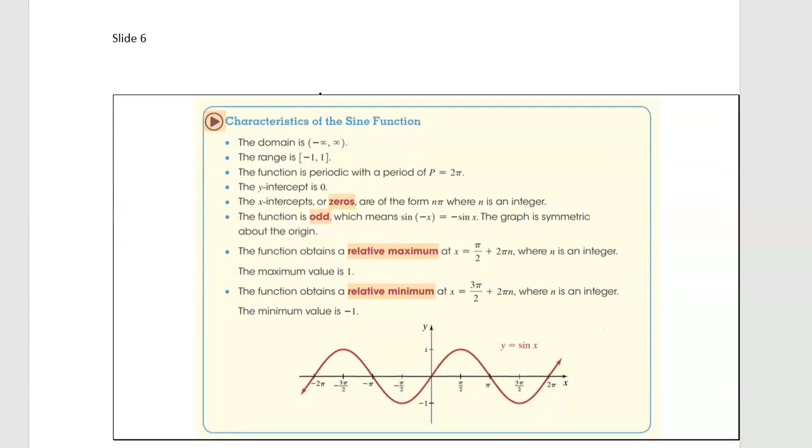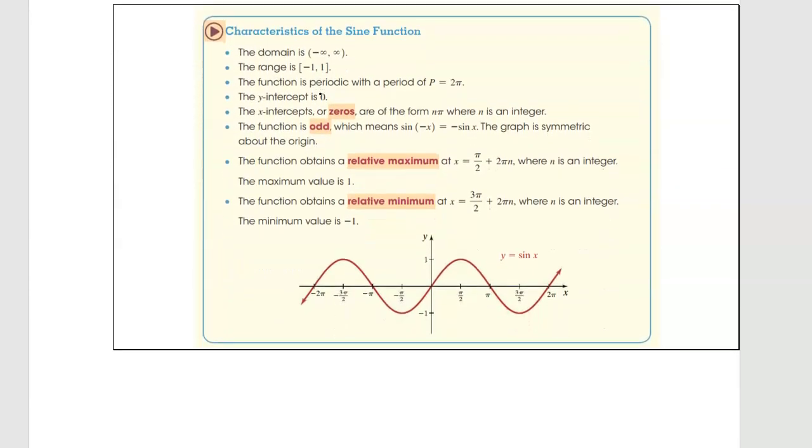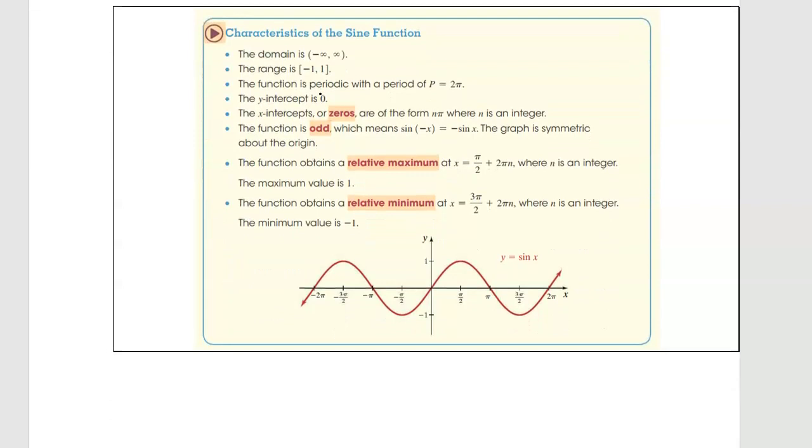Okay, let's go on to the properties of this sine function, because this is where a lot of information is. Let's talk about a few things. The domain of this function is negative infinity to infinity. It might be a while since you've talked about domain and range, right?